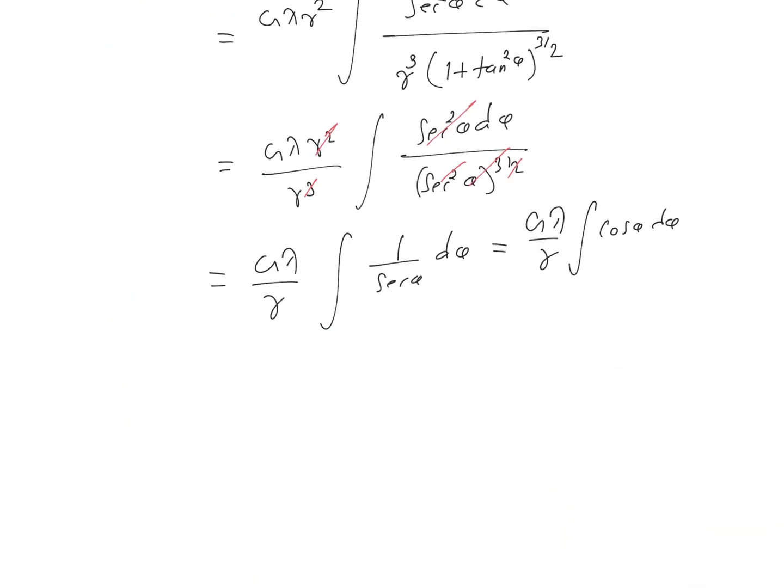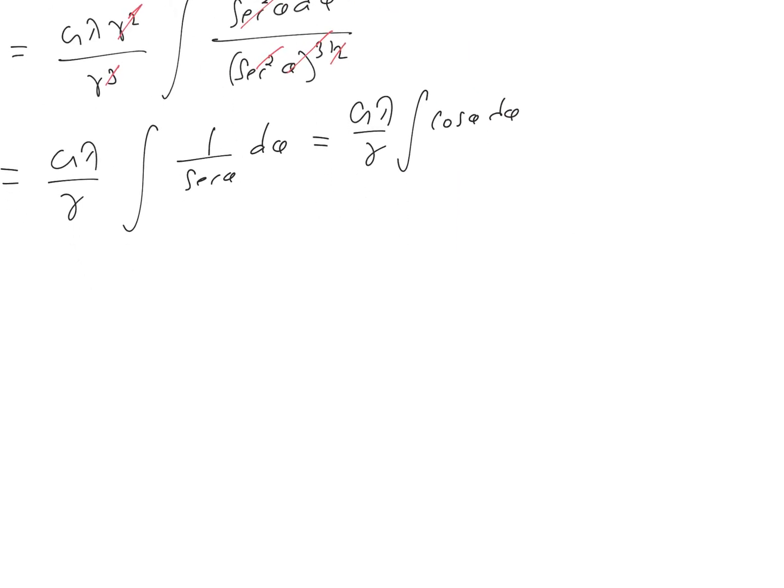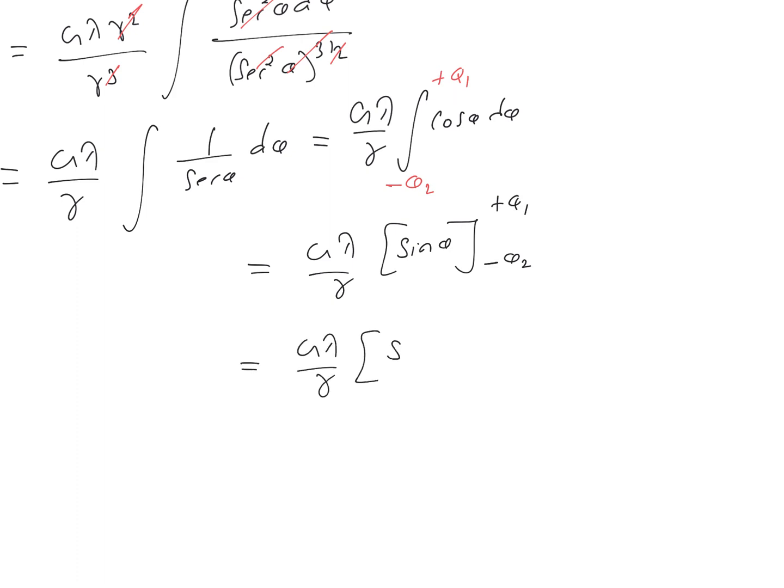So if you are putting the limit from minus theta 2 to plus theta 1, we can write this is equal to g lambda divided by r. We know that integration of cos theta is nothing but sine theta, and the limit is changing from minus theta 2 to plus theta 1. So this is going to be g lambda divided by r into, putting the higher limit theta 1 minus the lower limit minus theta 2.